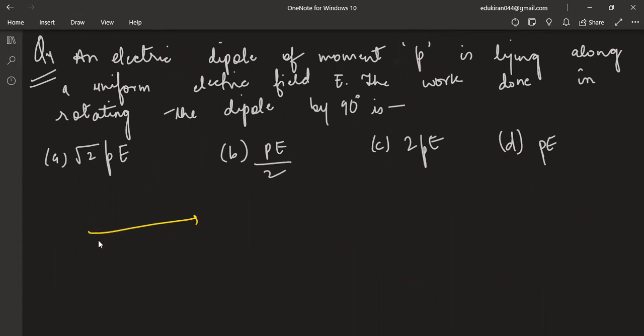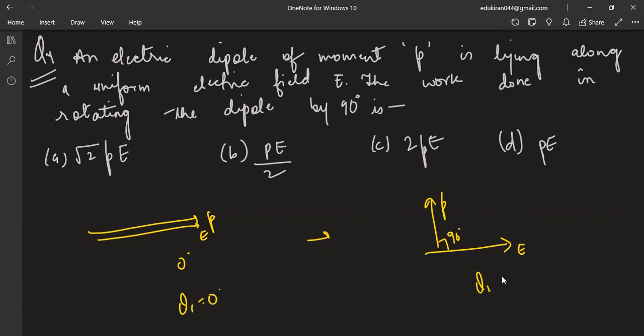Both the dipole moment and electric field are making 0 degree. Now the electric field is here only, whereas the dipole moment is here. So this is 90. So your theta 1 is 0 degree, theta 2 is 90 degrees.